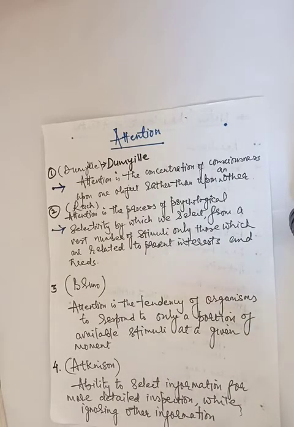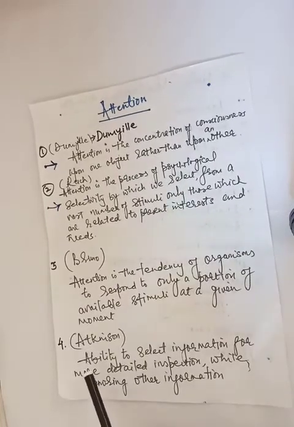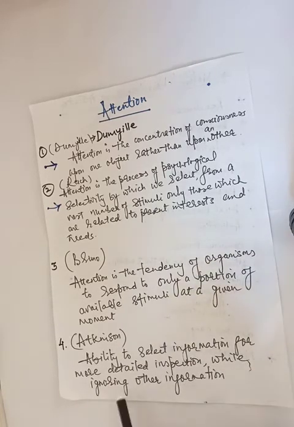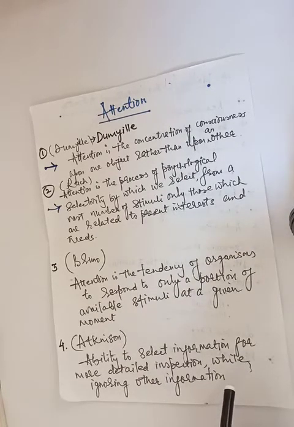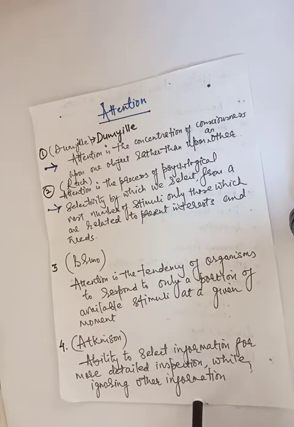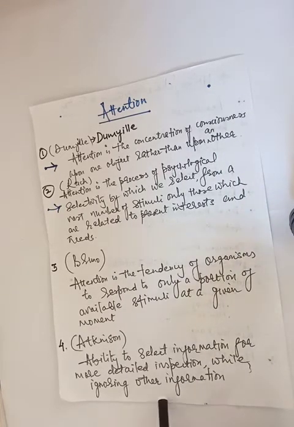Then Atkinson: Attention is the ability to select information for more detailed inspection while ignoring other information. From the many pieces of information around us, we select only those which we are interested in, or which fulfill our needs, while ignoring other information.